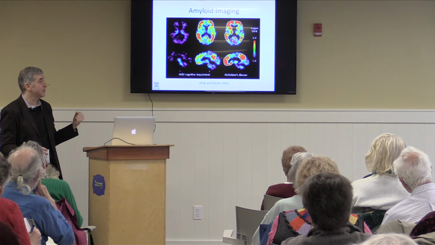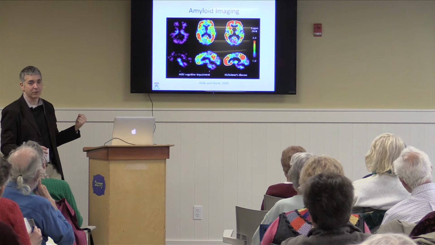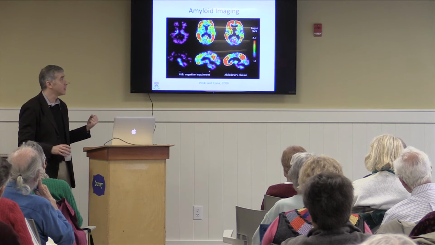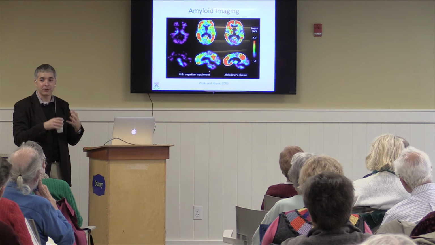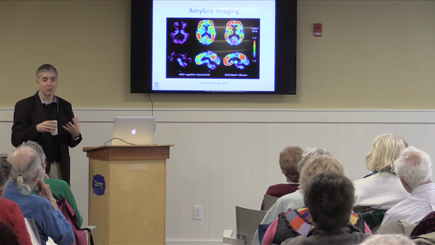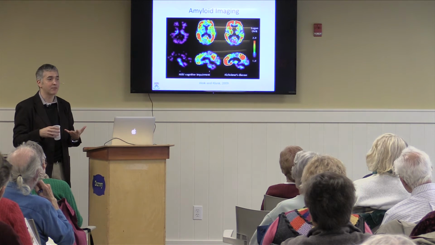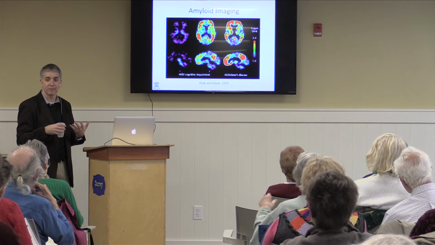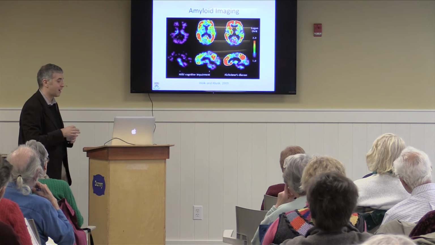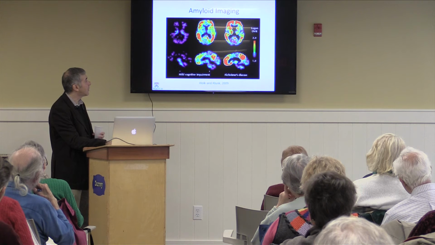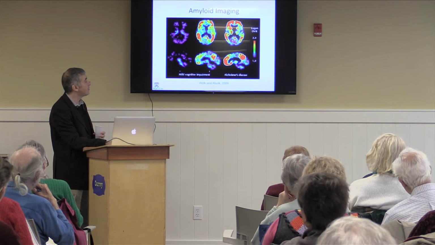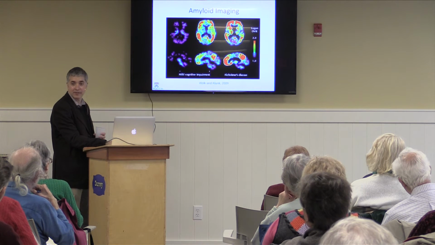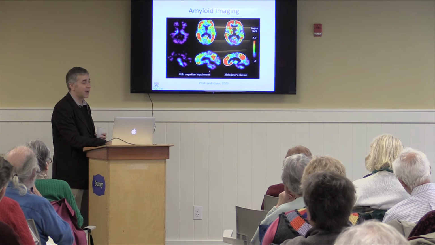And this truly is a major, major revolution in the field, where now we can actually visualize, to some extent, what the pathology would look like under a microscope, in a scan, where you can actually see the amyloid in the brain using these tests. In an Alzheimer's disease patient, they have a lot of this amyloid, and the redder it is, the more amyloid there is in the brain.